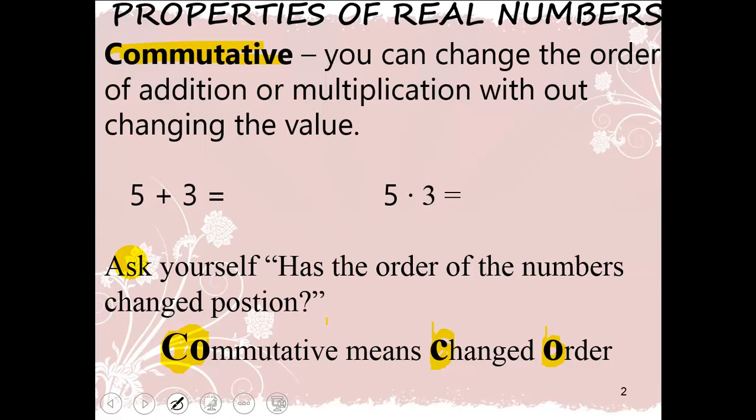For instance, 5 plus 3 is 8, but so is 3 plus 5. I can change that order without changing the value. 5 times 3 is 15, and so is 3 times 5. I can change the order without changing the value.